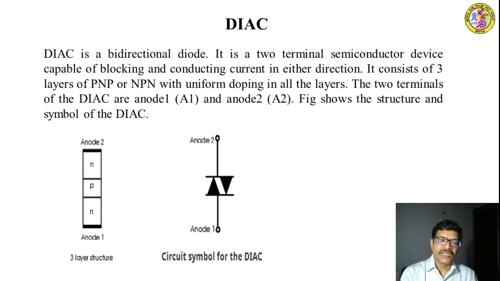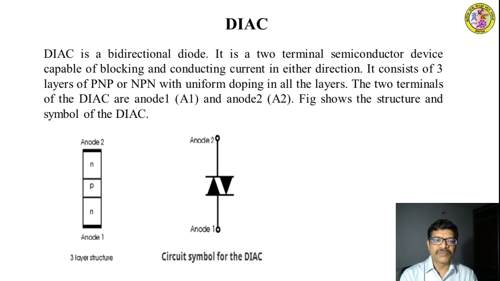DIAC. DIAC is a bidirectional diode. It is a two-terminal semiconductor device capable of blocking and conducting current in either direction. It consists of three layers of PNP or NPN with uniform doping in all the layers.